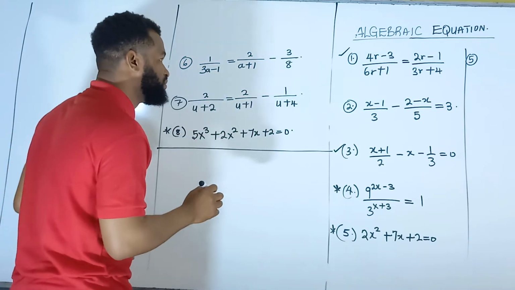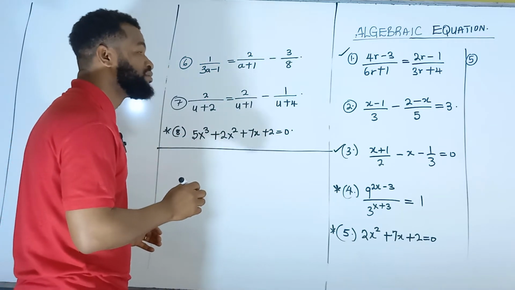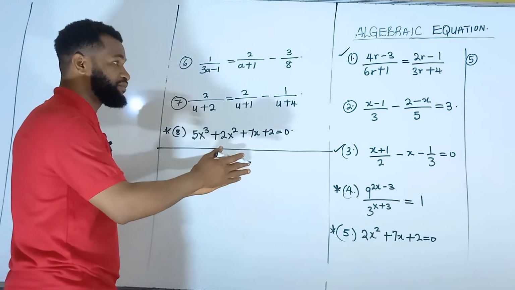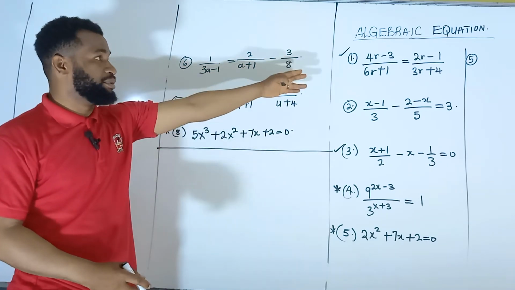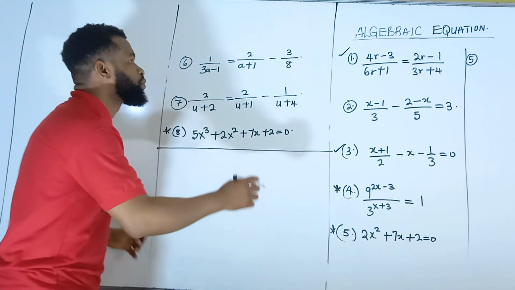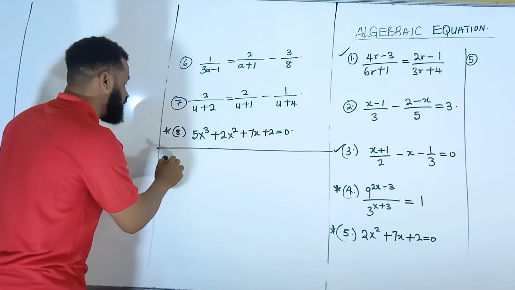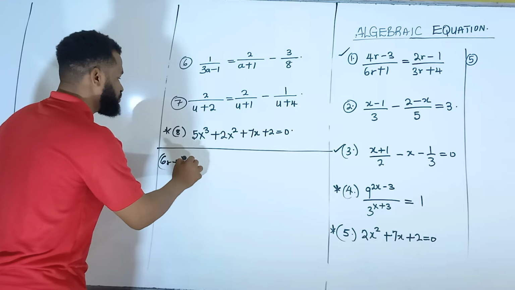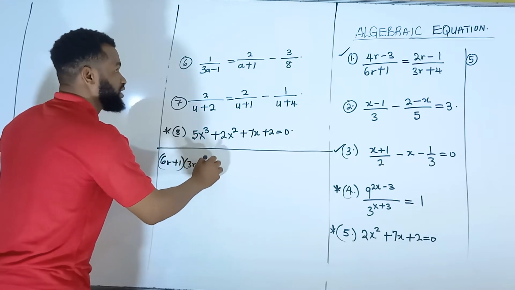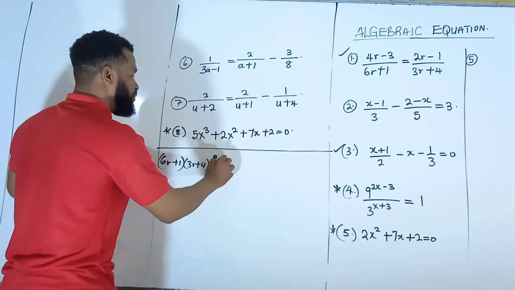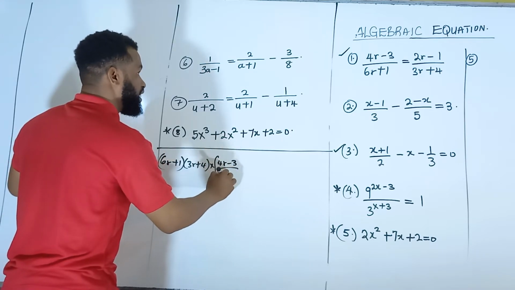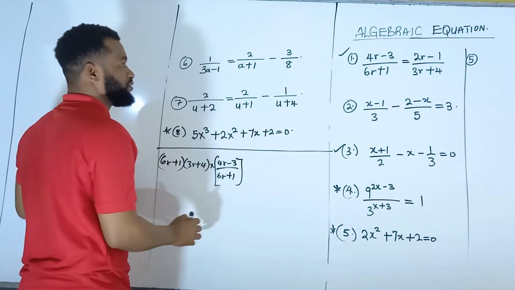So I'm going to take the LCM. The LCM is 6r plus 1 times 3r plus 4. Remember, we have done this kind of finding the LCM of an algebraic term in my previous video titled Algebraic Expression. Please, you can check it. So what I'm going to do is 6r plus 1 bracket 3r plus 4 bracket close, then this multiplied by the whole of 4r minus 3 all over 6r plus 1 bracket close.